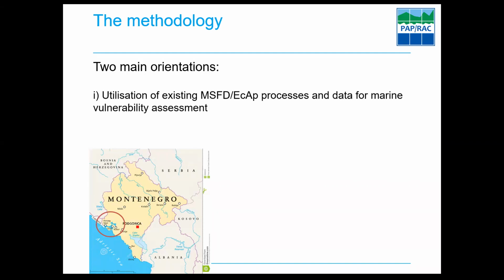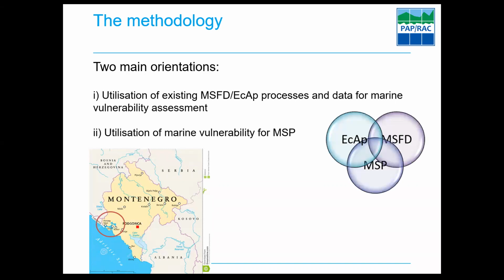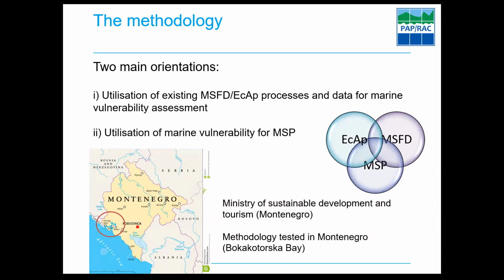In order to do that, we developed a methodological process composed of two steps. First, to use this data to do the vulnerability assessment, to identify the areas that are the most vulnerable to some of the human activities, and then to use that information to produce the marine spatial plan.